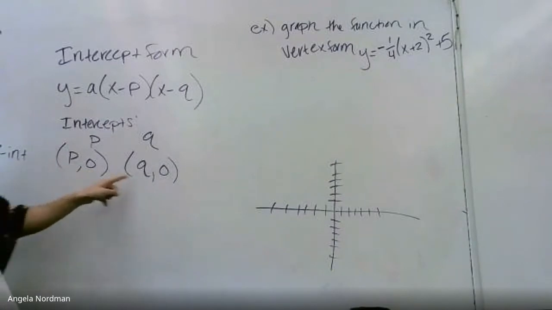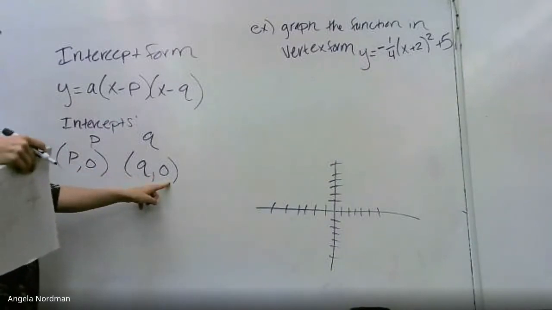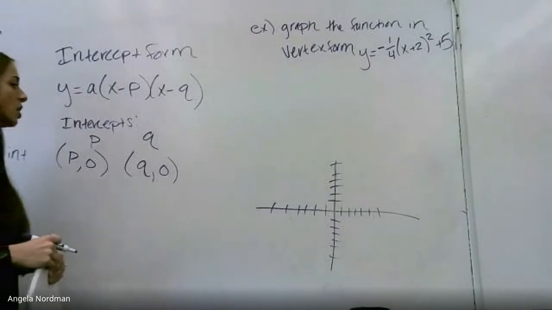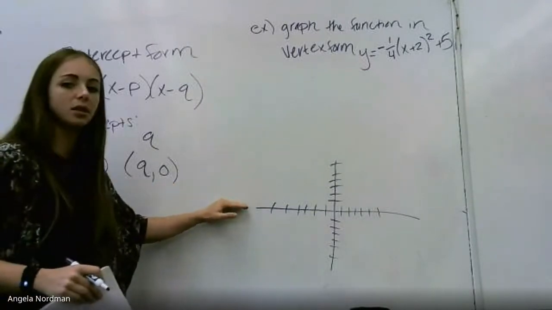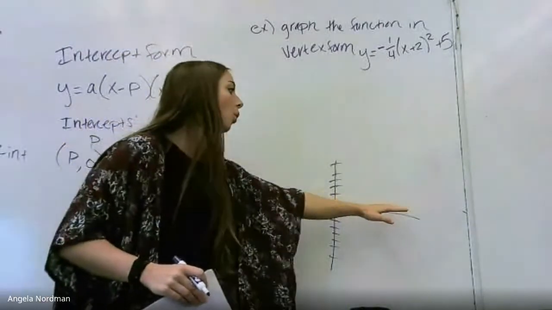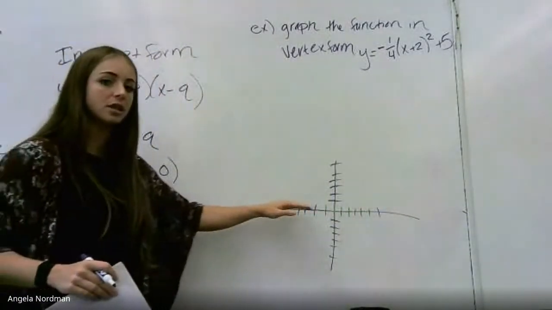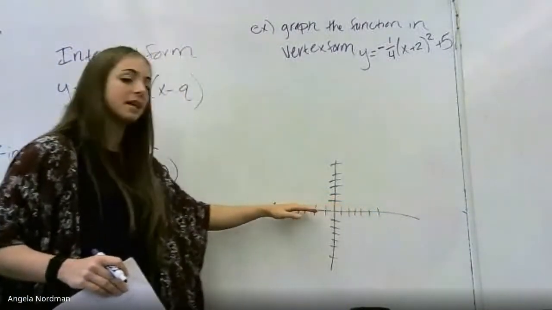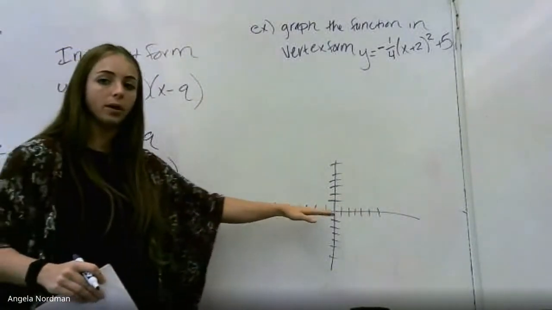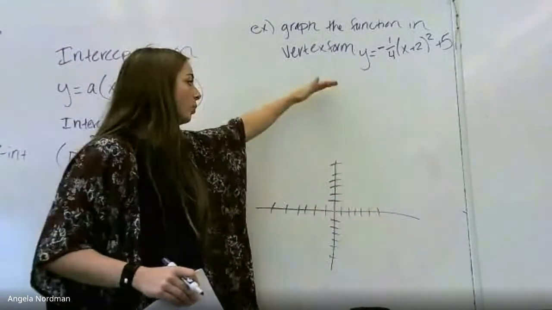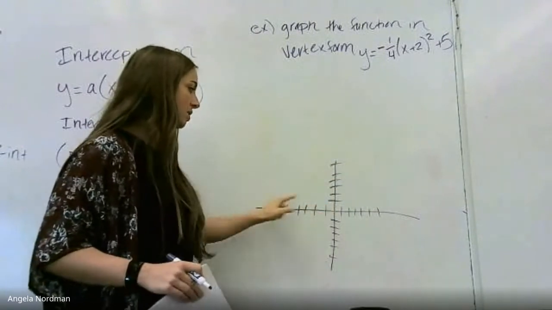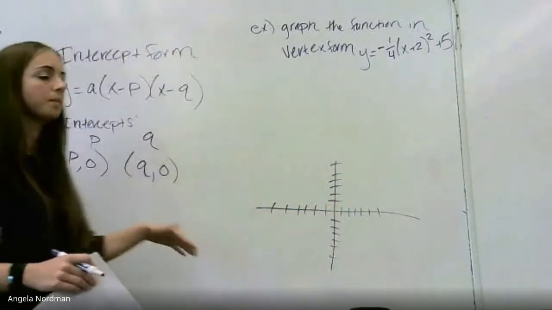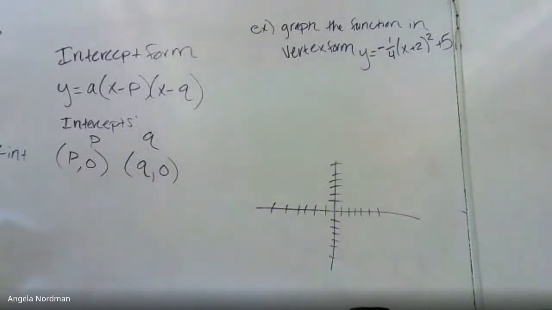In my y value, I have a 0 both times. So where is y always 0? y will remain 0 across the x-axis always. My x value changes, but if I'm crossing my x-axis, my y value is always, always, always 0. We go from like 6 all the way down to 0. This line is 0 and down into my negatives, but that is why I know those are x-intercepts.